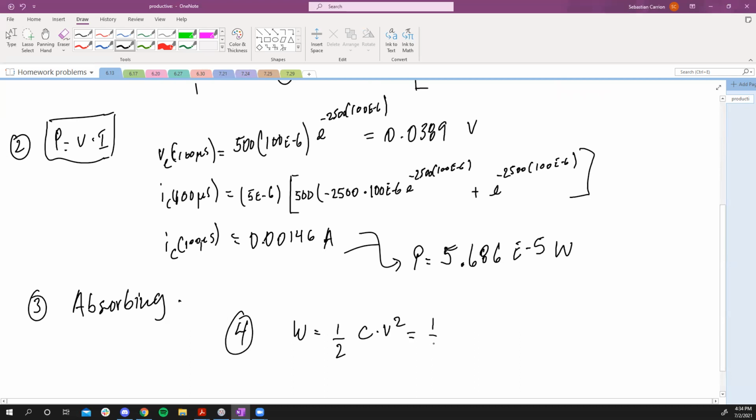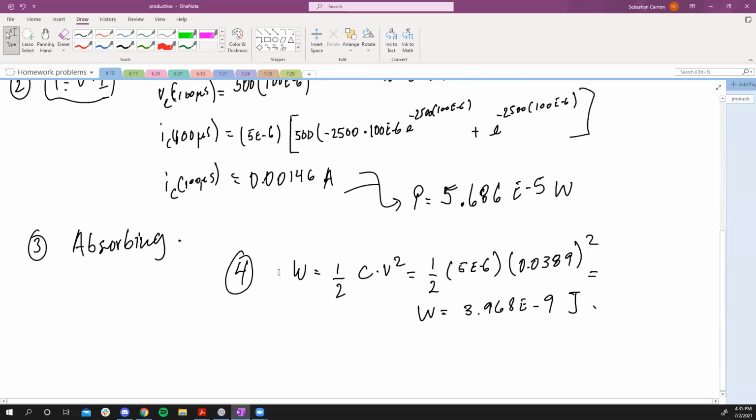So 1/2, our capacitance is 5 microfarad, so 5 e to the negative 6, and our voltage at 100 microseconds is 0.0389 squared. Our result would be 3.968 e to the negative 9 joules.